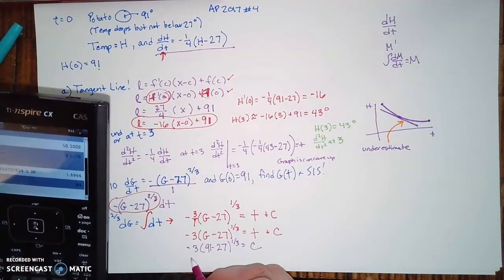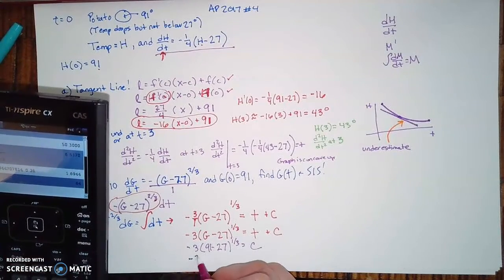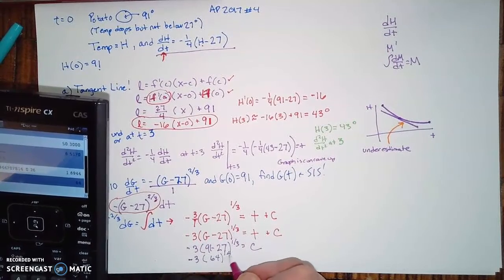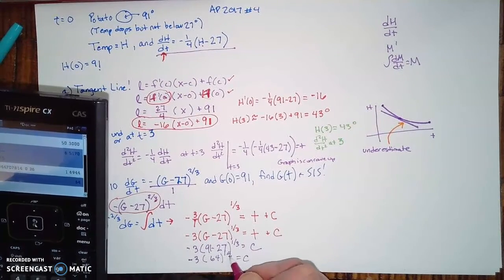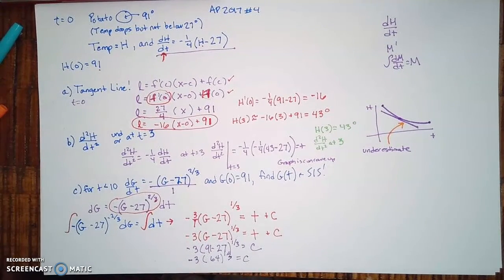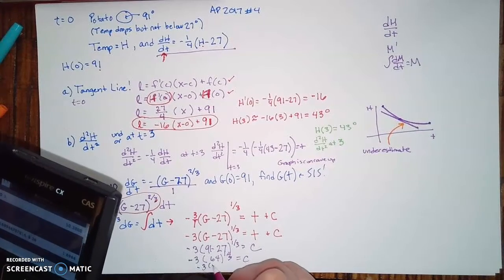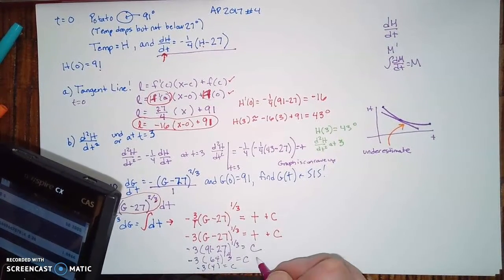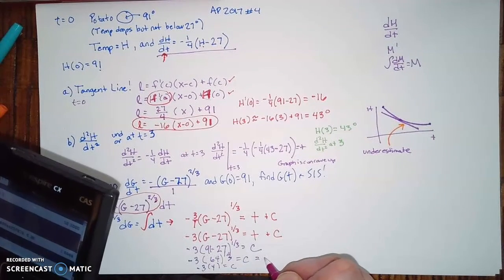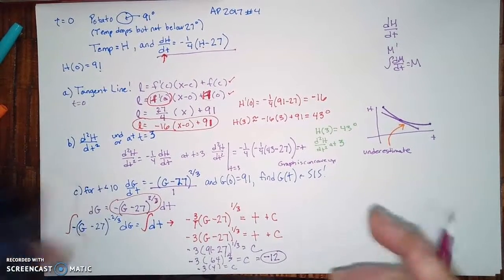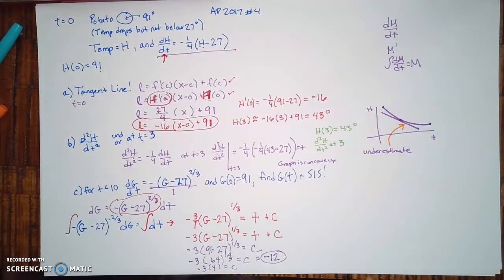Now remember, this was originally a non-calculator question, so they probably made it easy. 91 minus 27 is 64 to the 1/3 equals C. Well, 64 to the 1/3, what times itself equals 64. 4 times 4 is 16, times 4 is 64, so this is negative 3 times 4 equals C. So C is equal to negative 12.